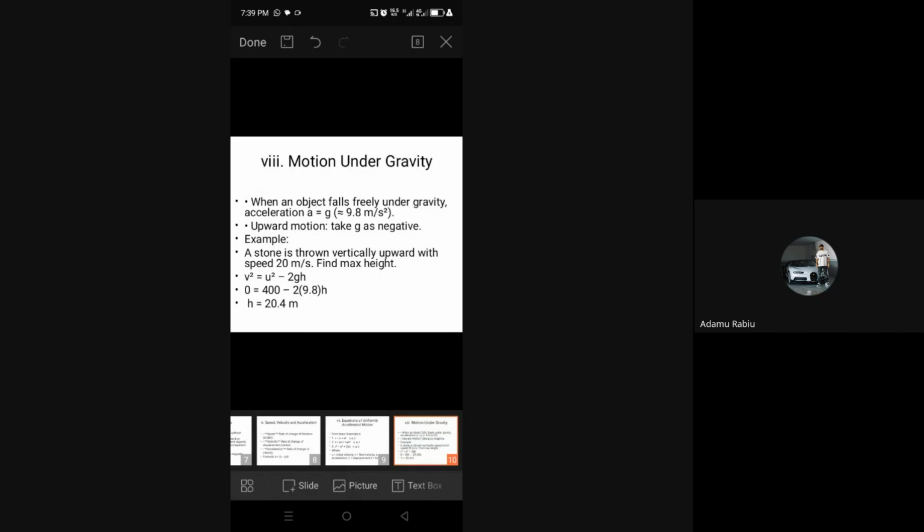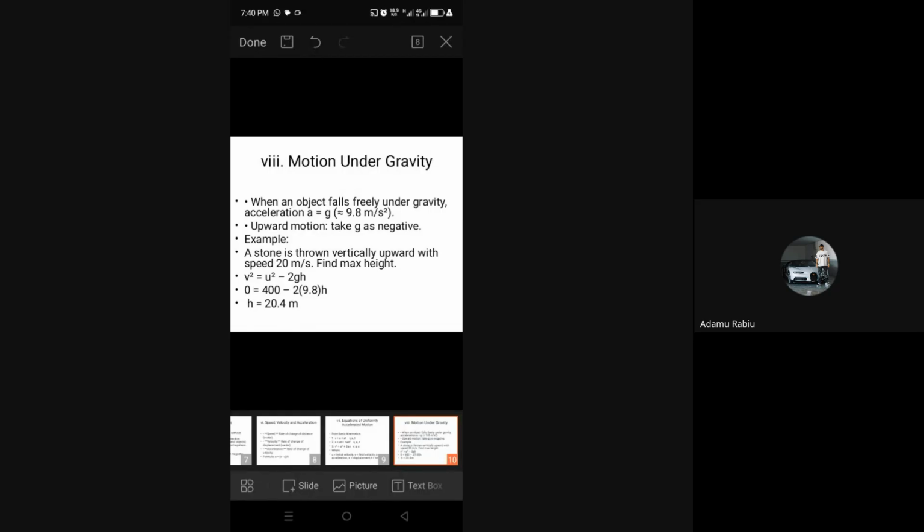When an object is starting a motion from rest, please note all these statements that I'm making are very important. When an object is starting a motion from rest, initial velocity is zero, but it will have final velocity. If an object has been in motion and is now going to rest, is stopping, final velocity will be zero, but initial velocity will have a value.